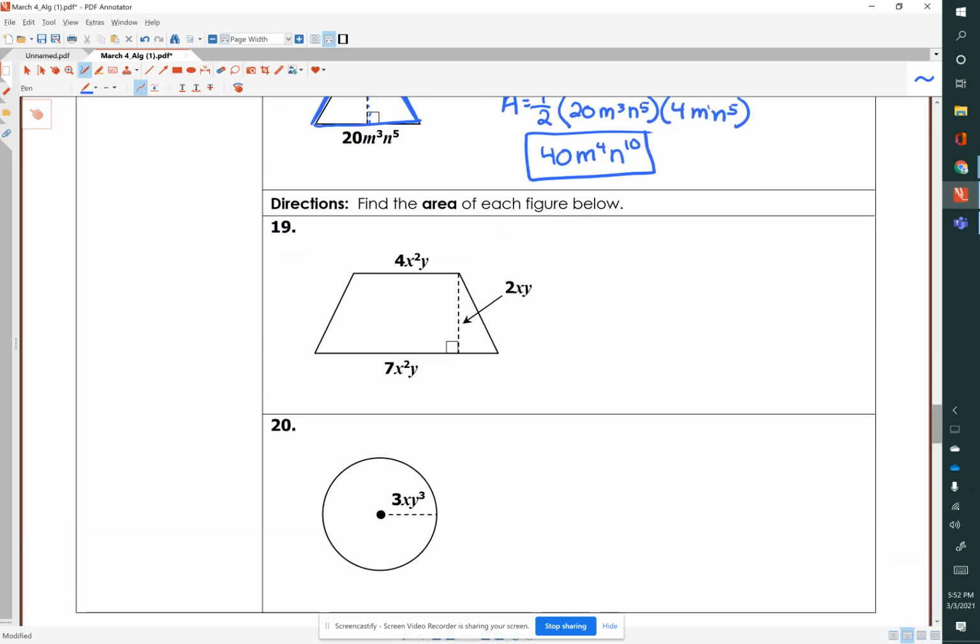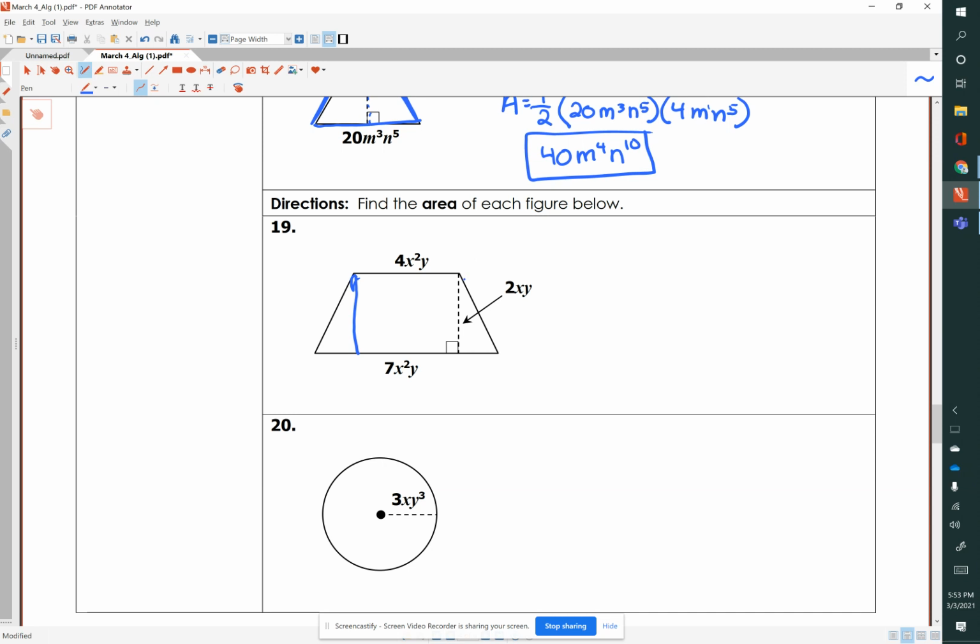And number 19, we're only asked for 19 and 20 to find the area of the figure. So if we're going to find the area, we need to understand what the formula is for area. Well, the area is going to be, let's see, we have a rectangle here, and the height is 2xy.